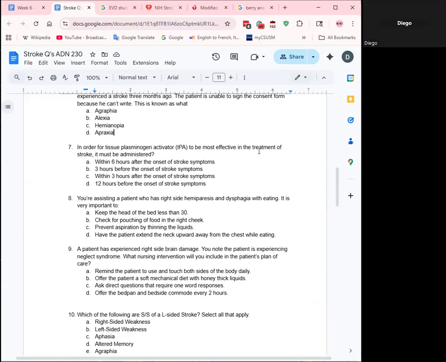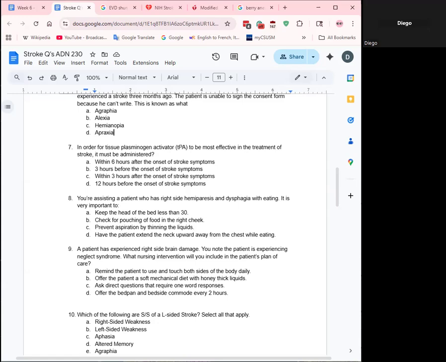I very briefly mentioned it. Yeah, you have that 3 hour window of their last known well time, or otherwise known as when that stroke started to become noticeable. That's the 3 hours for it to be the most effective.